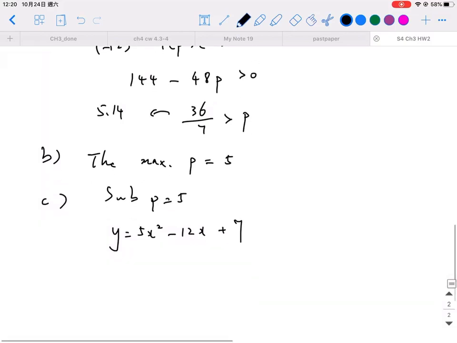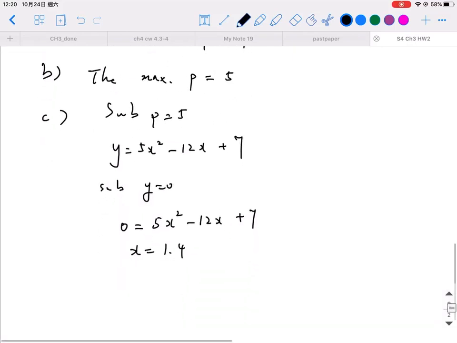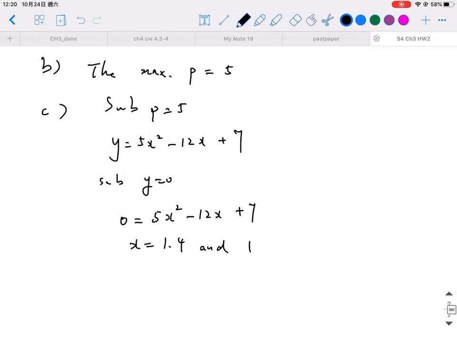Okay, so if I want to find the x-intercept, so substitute y equal to 0, and you will get 0 is equal to 5x squared minus 12x plus 7. Okay, you just solve it by calculator. Okay, and input A is 5, B is negative 12, and C is 7, and you get x is 1.4 and 1. And don't forget to write down the statement.